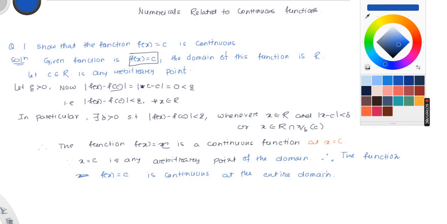I hope you can clearly understand this concept of this numerical.